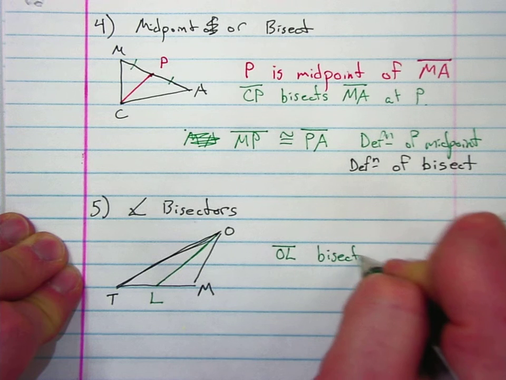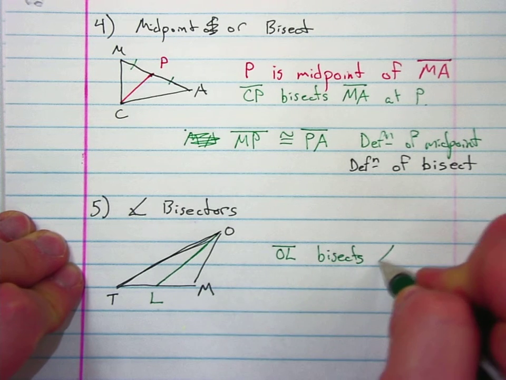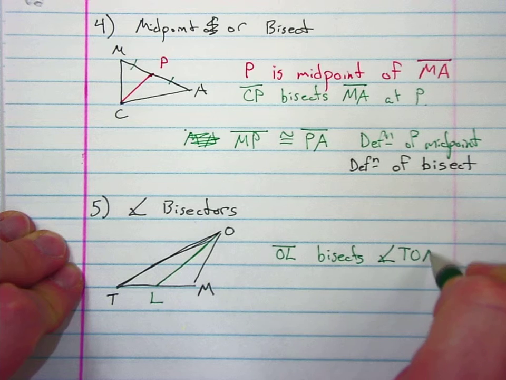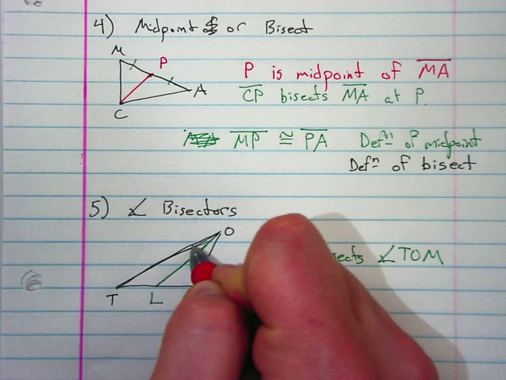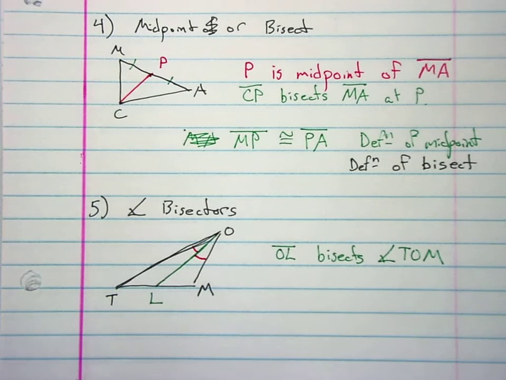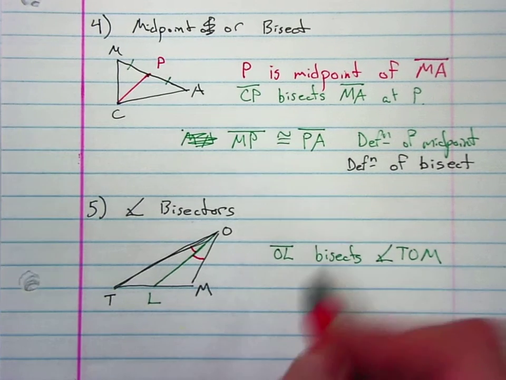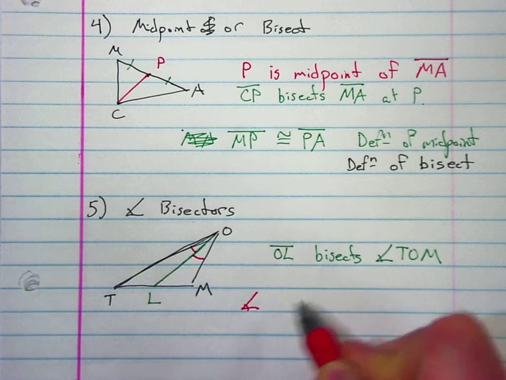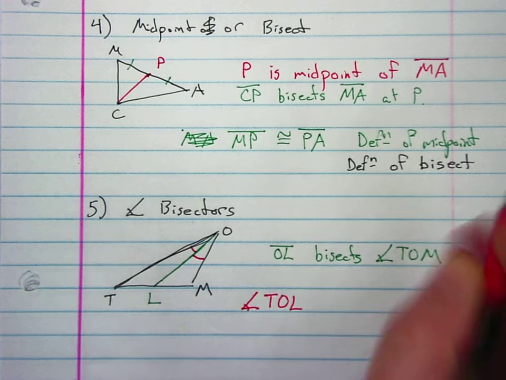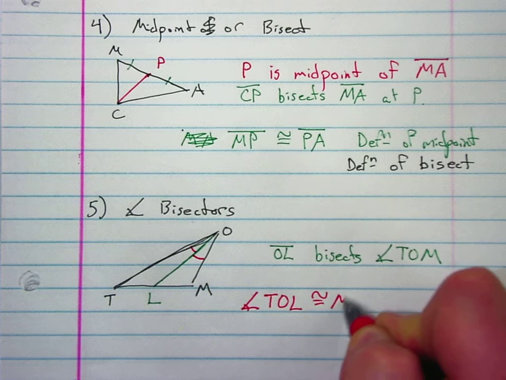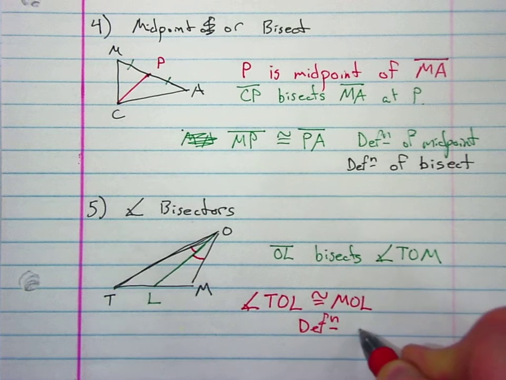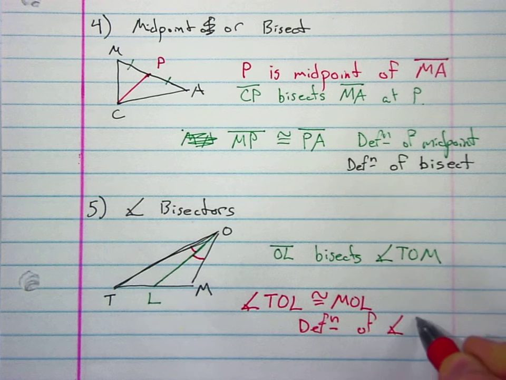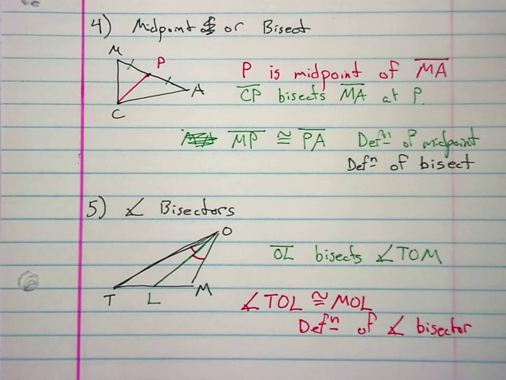Angle TOM, what do we know? We know this angle and this angle have to be congruent. So I know from what we were given, angle TOL is congruent to angle MOL. And what is my reason? Definition of angle bisector. I cut it in half. So hopefully everybody's good on that one.